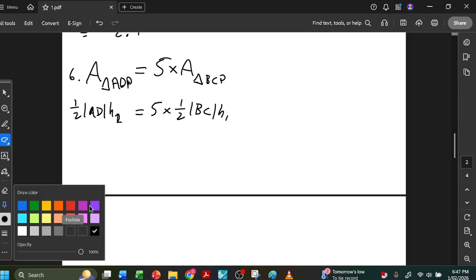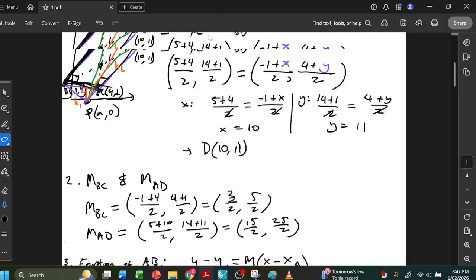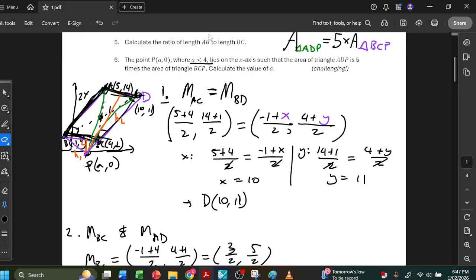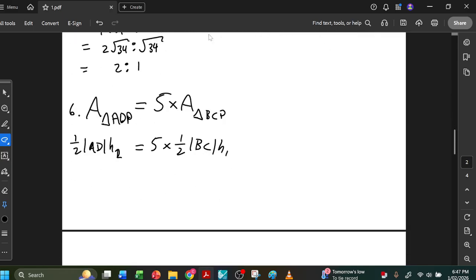Looking at that diagram up there, we can see a couple of things. Firstly, because this is a parallelogram, the lengths AD and BC are equal to each other. They're parallel, they have the same length. Because those two things are equal, we can cancel them out on both sides.